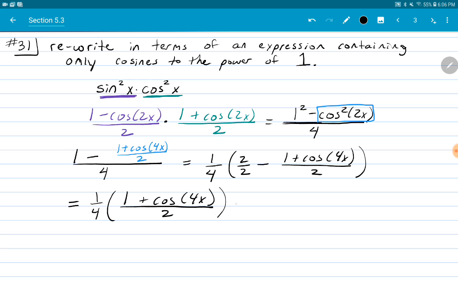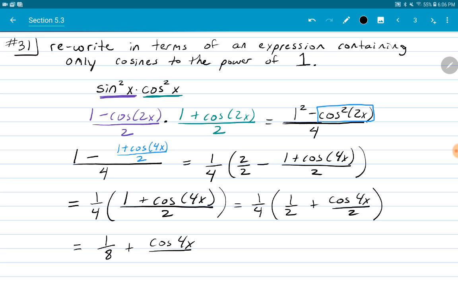Let's split up that fraction into 1 over 2 plus cosine of 4x over 2, and then distribute that 1/4, and we get 1/8 plus cosine of 4x over 8. So I'm just distributing that 1/4 into the parentheses to get rid of the parentheses.